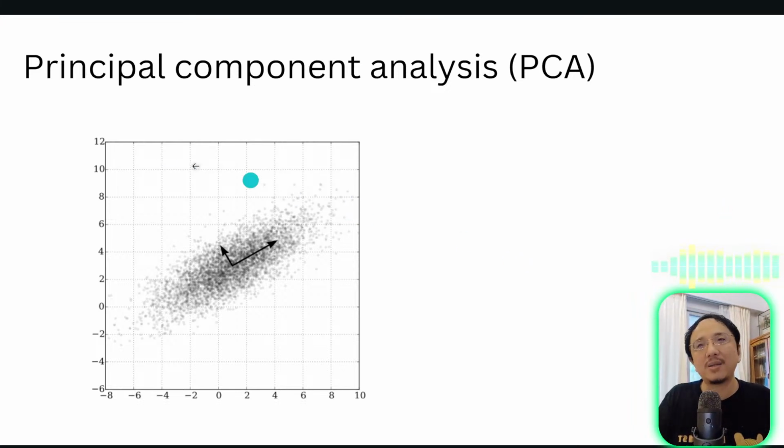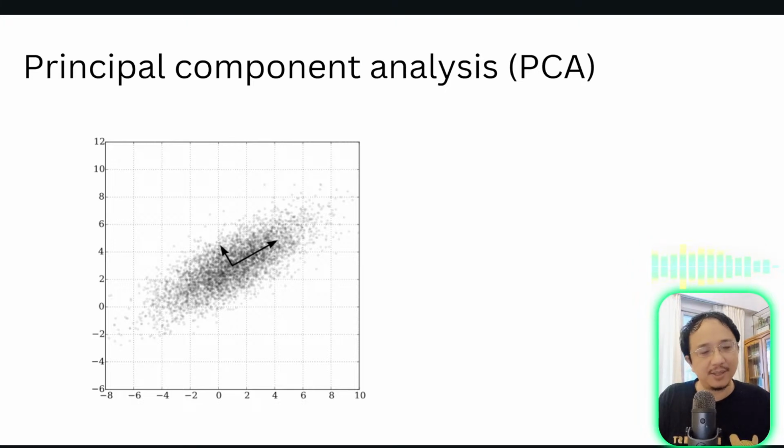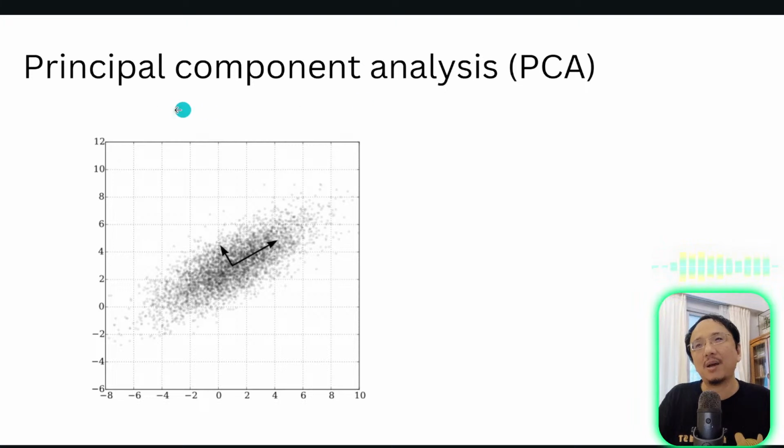There are also other methods, like one of them is PCA. It is related to dimensionality reduction and machine learning. So what is PCA? Principal component analysis. Basically, the intuition is we are trying to find the major axis of the data. So in this case, most of them are lying diagonally in this way.